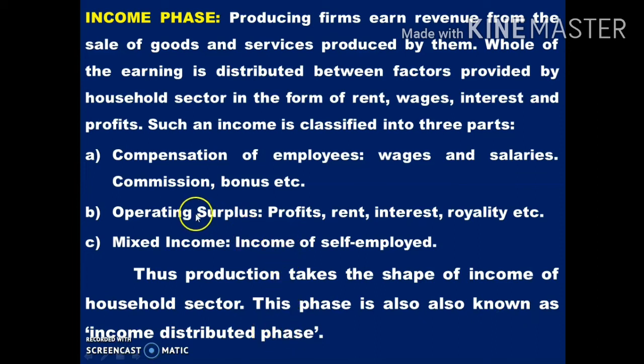So you can see here operating surplus, profit. You know, these are the profits we get from a business. Next is rent. Rent means the income we get from a rental house.